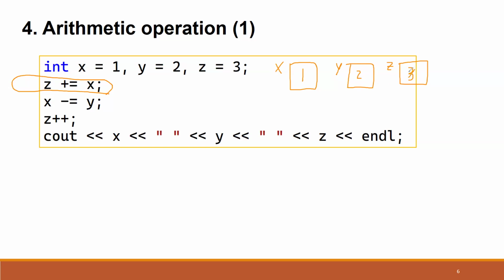And X is decremented by Y, so X becomes -1. Then Z is incremented by 1, so it is 5. And Y stays the same. So -1, 2, and 5.